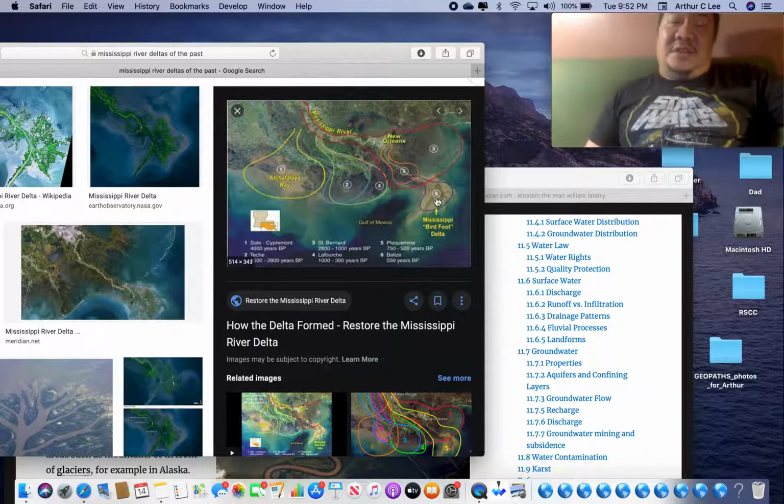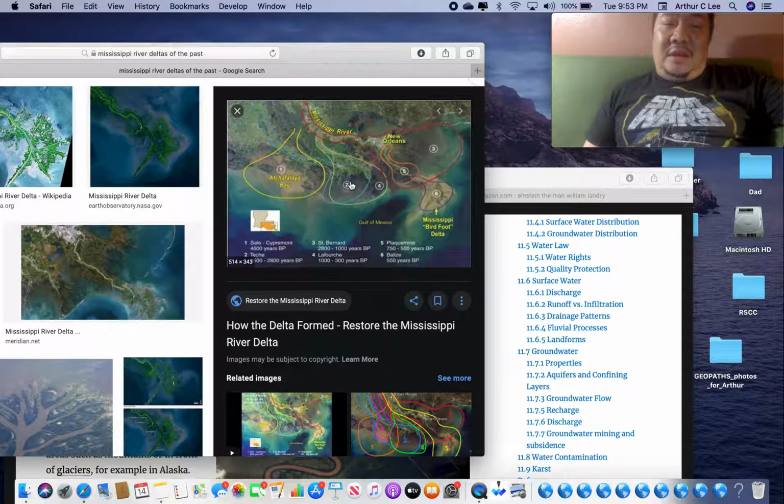But guess what, ladies and gentlemen? Geologists have figured out that in the past, the Mississippi used to flow over here to the west in the Cajun lands. And there used to be the delta here. And this old delta is still there. It's covered up by younger sediments, but it's still there.